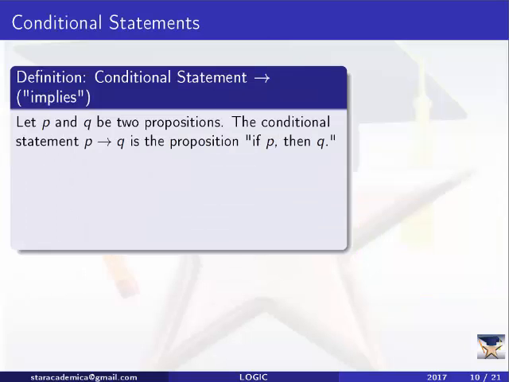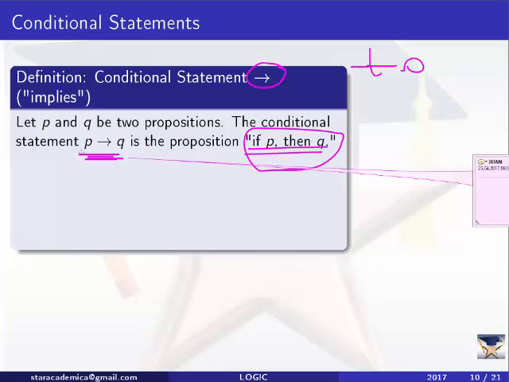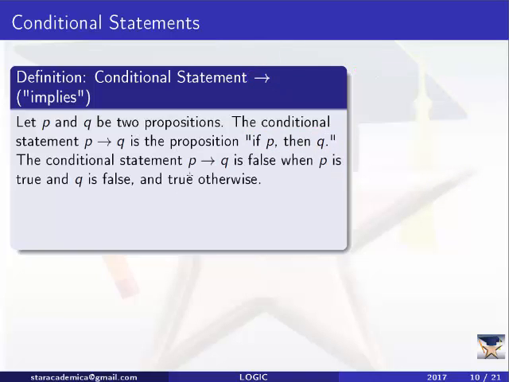Another important operation on propositions is implies. However, this is going to be read as P implies Q. Mostly I may use this way of expressing it, but it is also commonly used as if P then Q. So if P then Q is the common way of using this new operation that we are just learning on propositions.